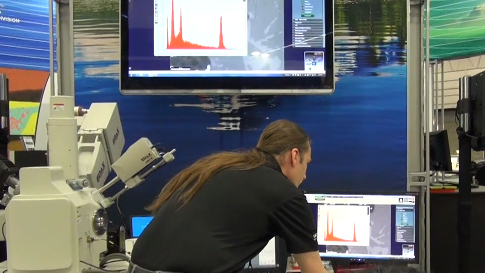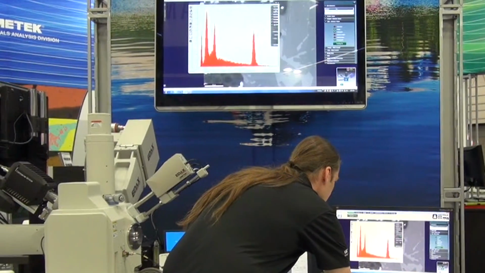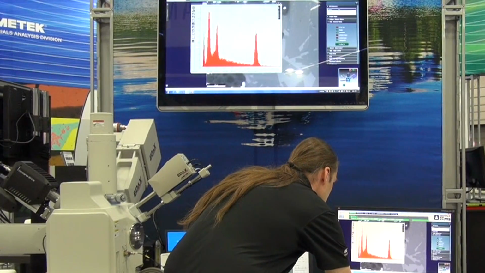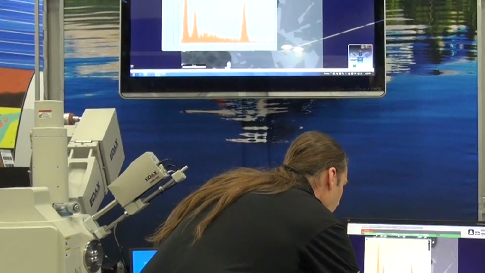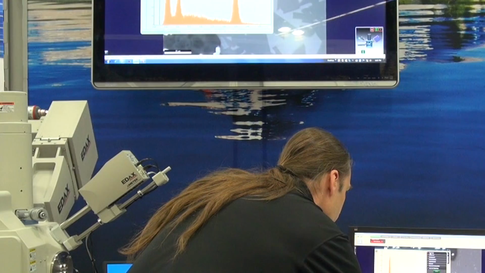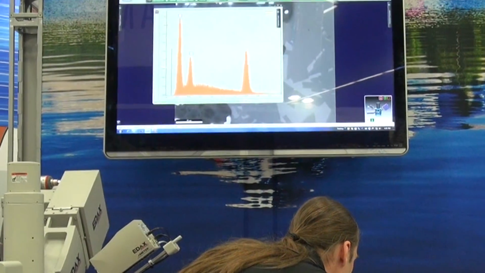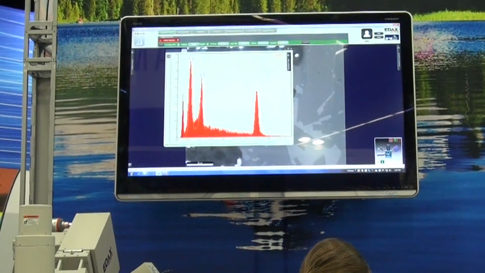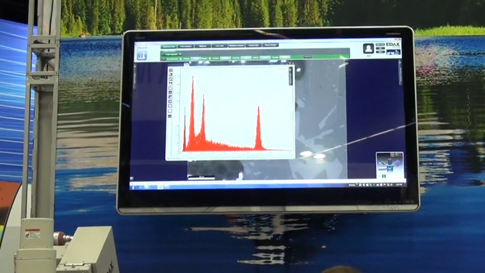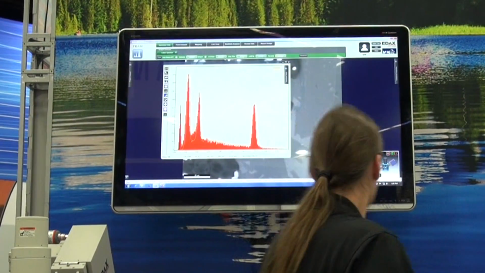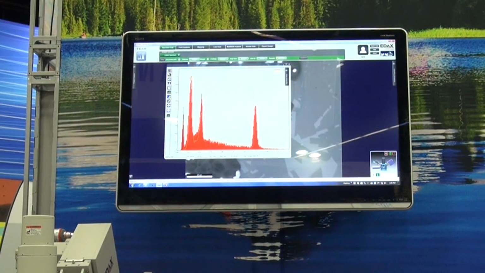I'll just try to redo this with both detectors enabled. And let me just do the overlay of them. The red one is the silicon nitride window.